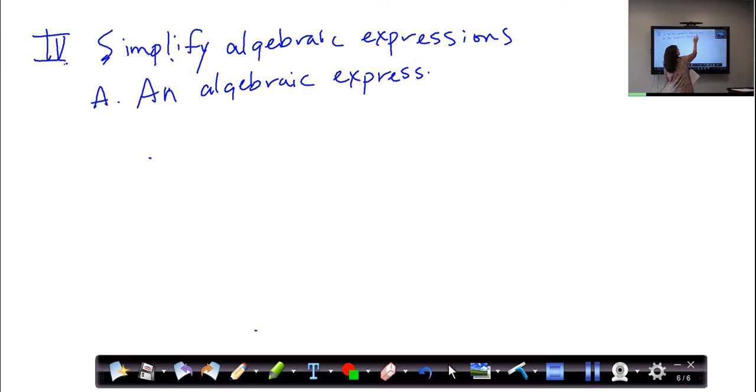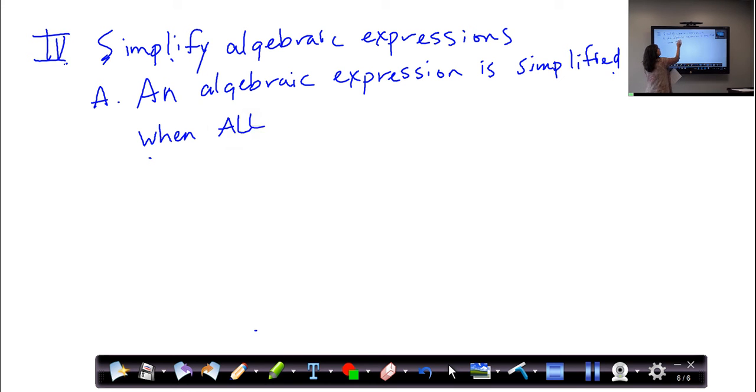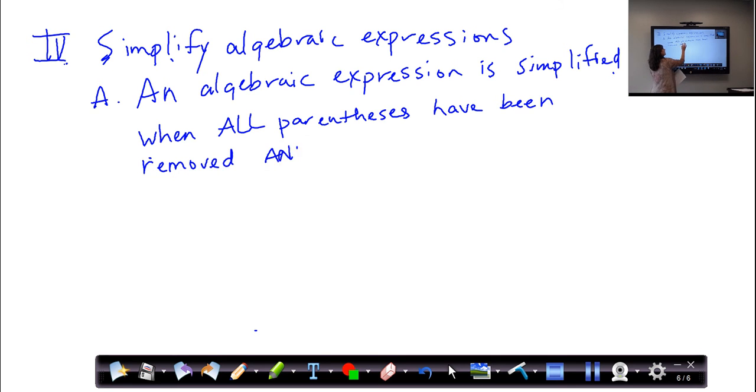An algebraic expression is simplified when all parentheses have been removed and all like terms have been combined.